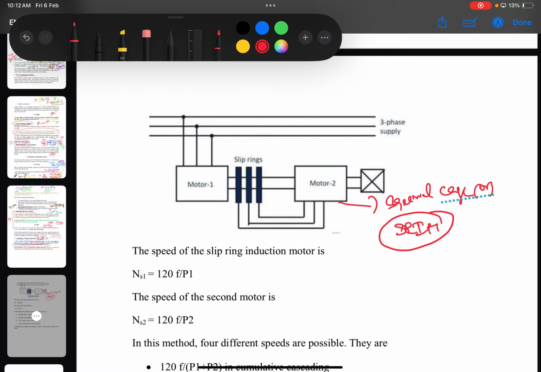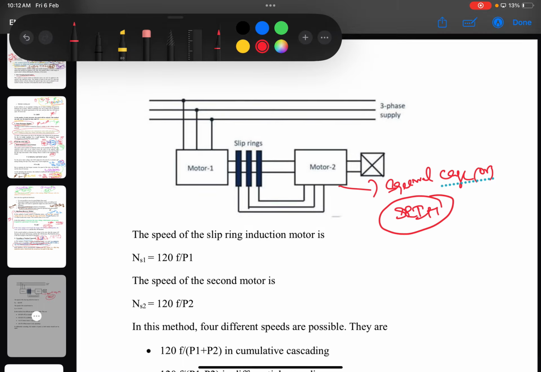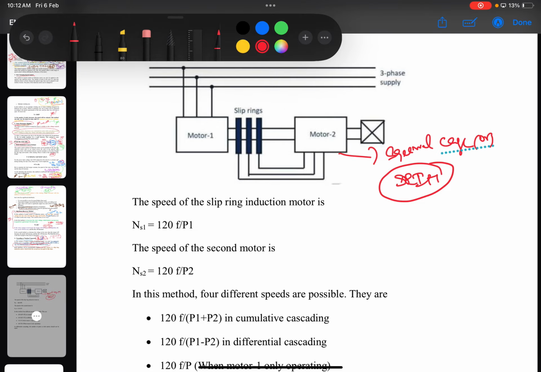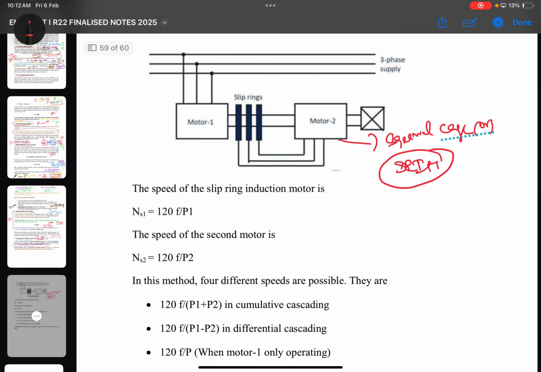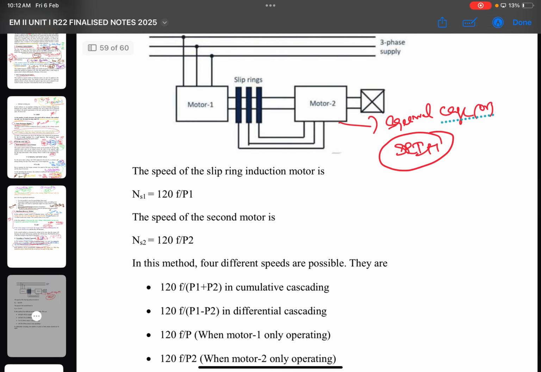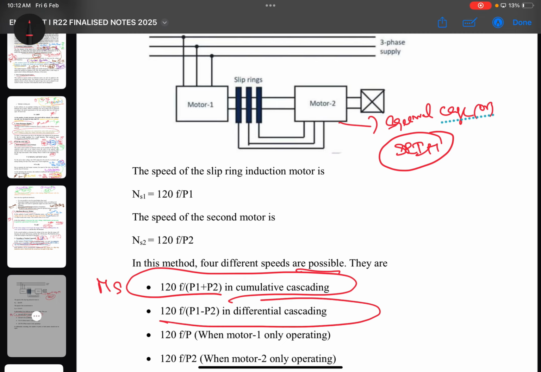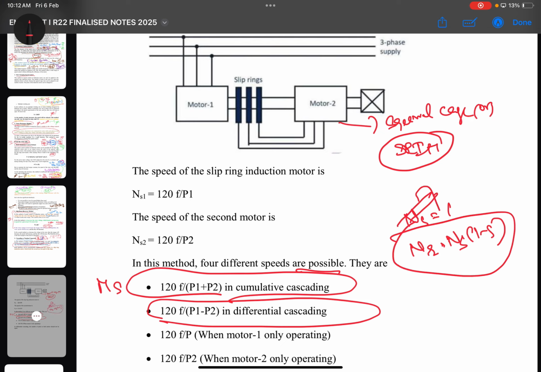When two motors are connected in cascade, these are the possible combinations. This formula is more than sufficient here: the resultant synchronous speeds are possible. When the synchronous speed changes, NR equals NS into (1 minus S), so the corresponding rotor speed also changes.